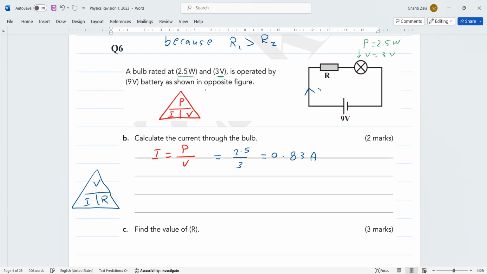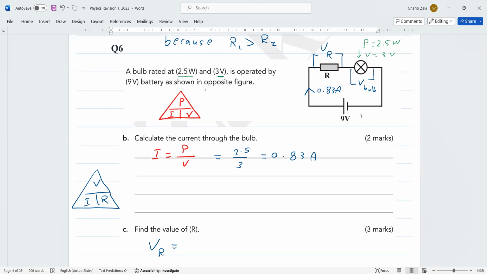The current is 0.83 ampere. But we need to get the voltage across the resistance R. But already we have the voltage across the bulb, which is given as 3.